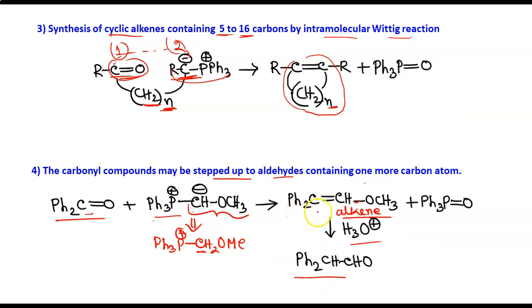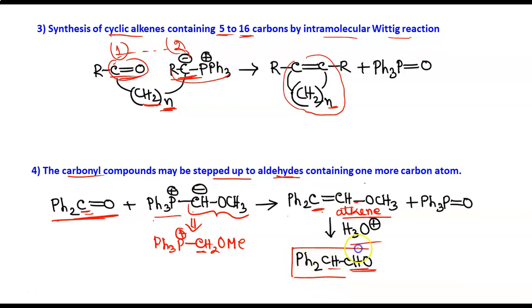So now it is Ph2CH, then CHO, that means 2 carbon. If we compare with the previous carbonyl compound, before the reaction, without the Ph group we have only 1 carbon, but now it is CH. That means we have started from a carbonyl compound, it is stepped up to aldehyde, because it is an aldehyde containing 1 extra carbon.